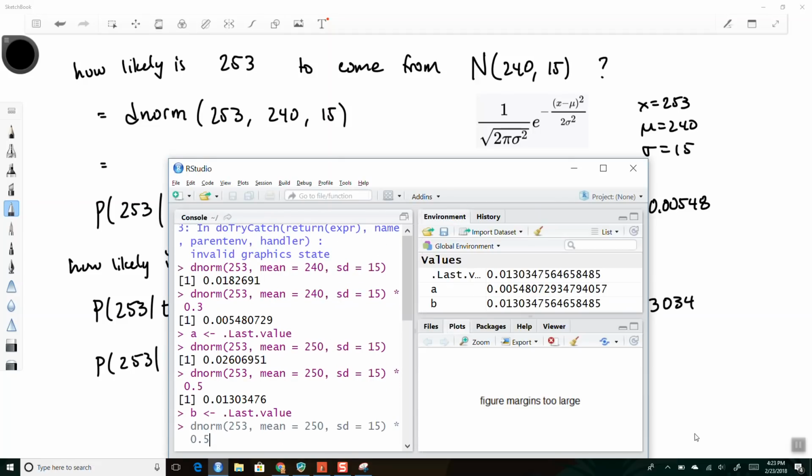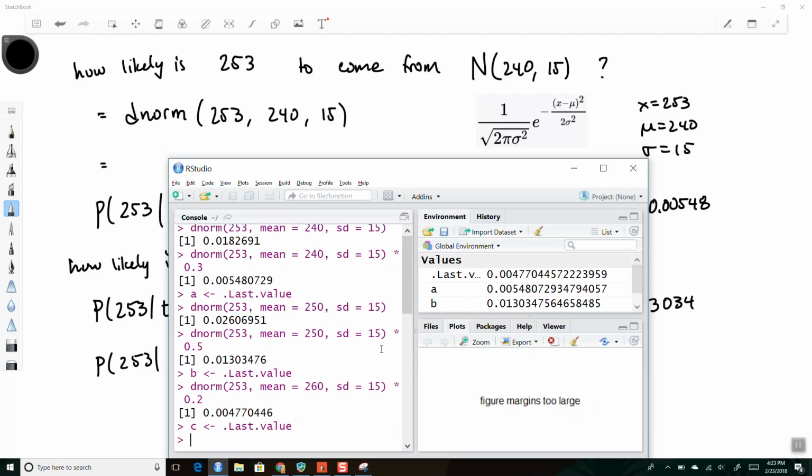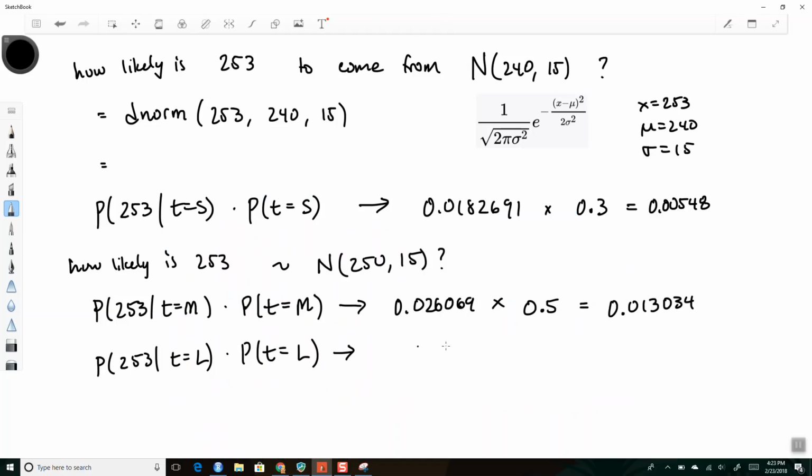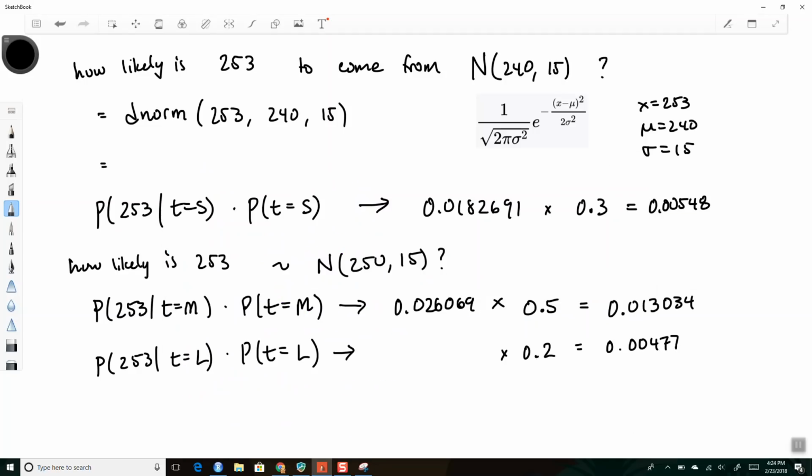Okay, and this turns out to be 0.00477, and we'll call that C. So I'm just saying, what's the probability of getting this thing under this distribution multiplied by the prior probability? What's the probability of getting this thing under this distribution multiplied by the prior probability?